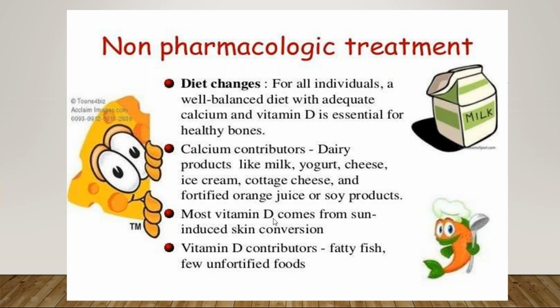Some foods have it, but only in low quantity. If anyone needs high vitamin D levels, that is through sunlight only. Some vitamin D contributors are fatty fish and unfortified foods. That's why vitamin D is mainly through sunlight, but fatty fish and unfortified foods are also better for vitamin D.